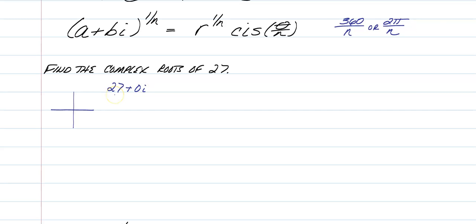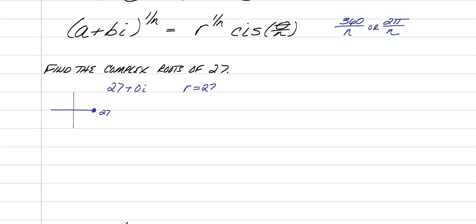This is our x value, so we're out here on the x-axis, and that is, of course, our radius. No need for the Pythagorean theorem because we have a 0. It would just be 27 squared plus 0 squared equals r squared, and we get 27. So r is equal to 27.